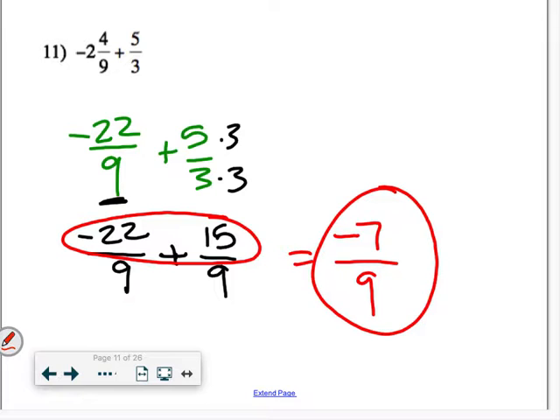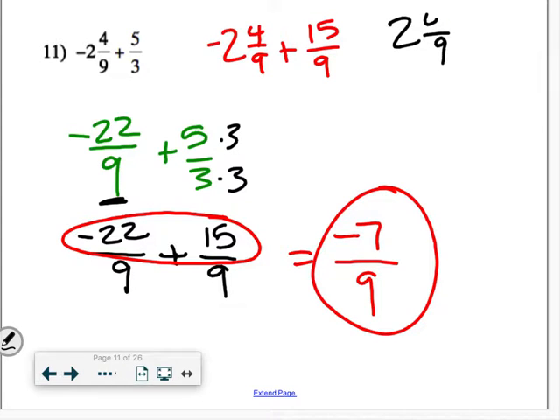I was just trying the regrouping method. I'll just do it real quick. So -2 and 4/9 plus 15/9 if we don't do that. Bigger numbers on top, right? And shoot.